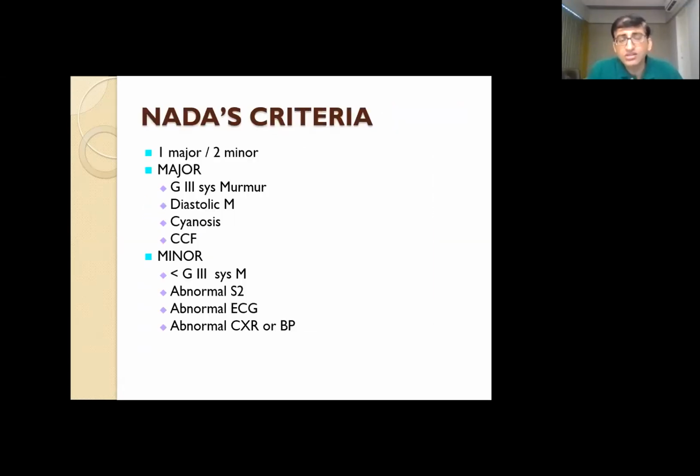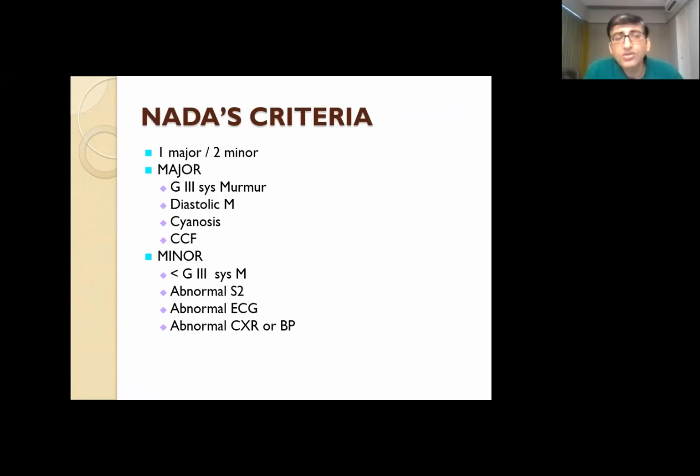Coming to the signs, which are very characteristic, the signs we classify as NADAS criteria: presence of one major or 2 minor criteria, one should always evaluate the child for heart disease.